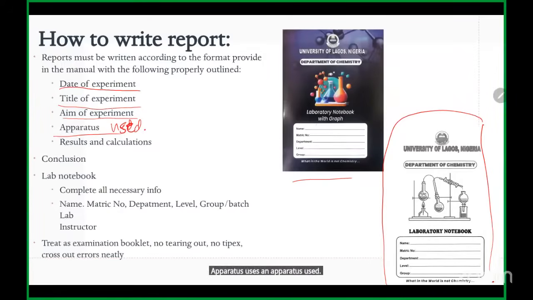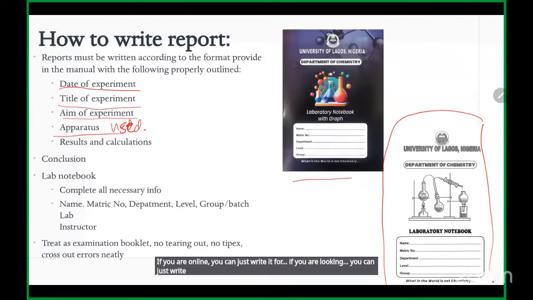Then you can now put in your questions, your results, necessary calculations. If you are online, you can just write your name and matric number. That's fine.